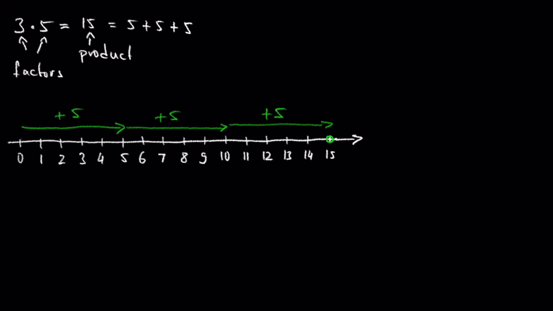For multiplication, you can use several different symbols. 3 times 5 is equal to 3 times 5 is equal to 3 times 5.